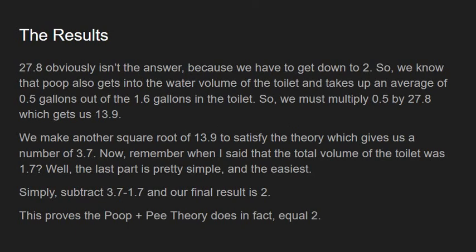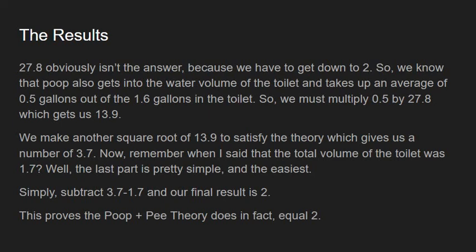The result of 27.8 obviously isn't the answer, because we have to get down to 2 somehow. So we know that poop also gets into the water volume of the toilet and takes up an average of 0.5 gallons, or you can say half a gallon out of the 1.6 gallons in the toilet. So we must multiply one half by 27.8, which gets us 13.9.